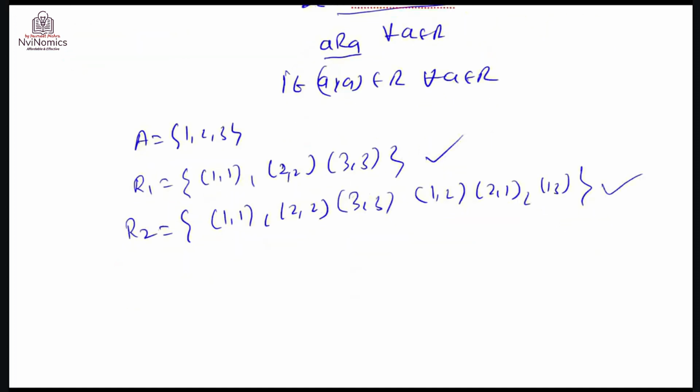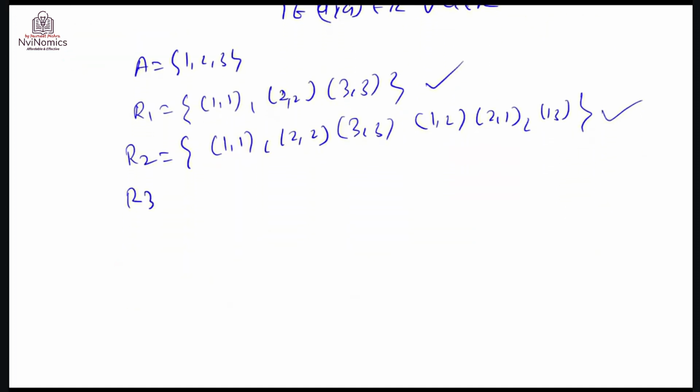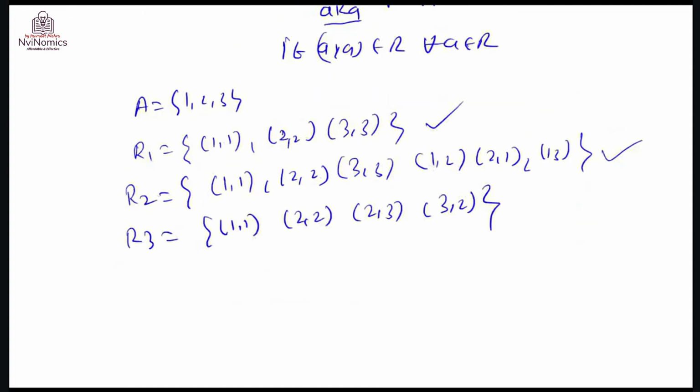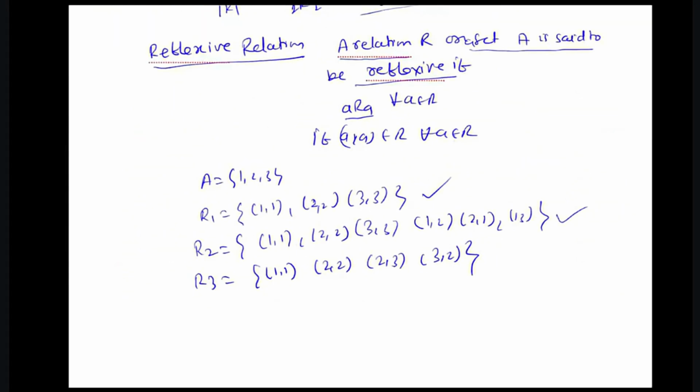Got it? Now I'll give you another relation. R3: (1,1), (2,2), (2,3) and (3,2). Now can you tell me whether it is going to be reflexive or not? Look at its definition.